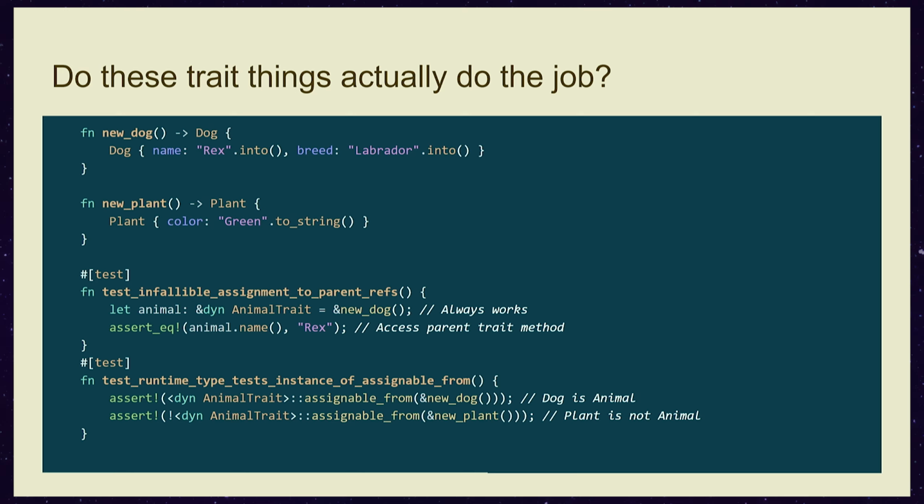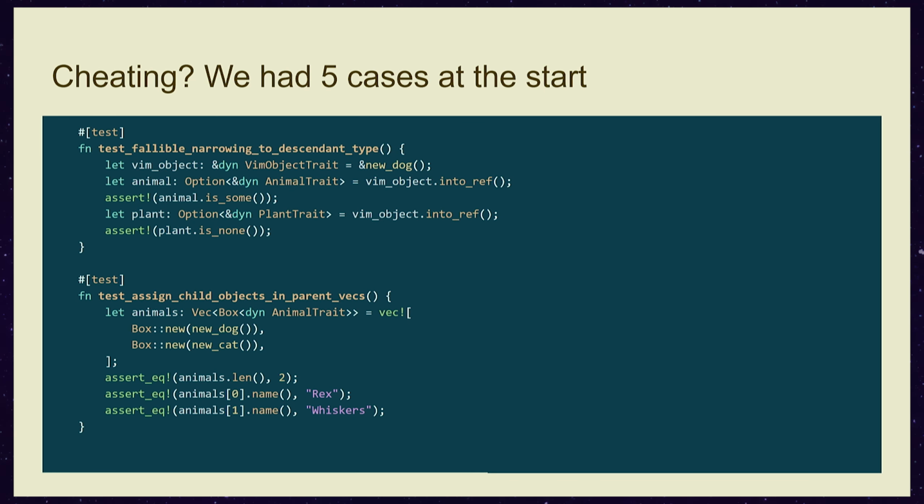It wasn't very hard to generate, and it allowed me to do the type testing that we wanted to have. I had to build my own kind of traits to do the type conversion. So I have this into ref and also into box constructs to convert between traits.